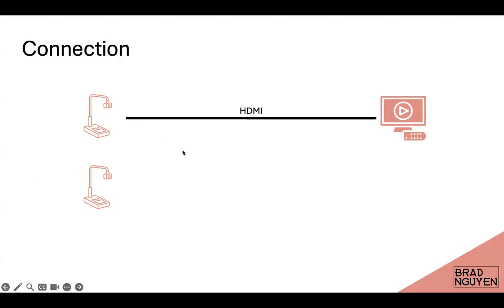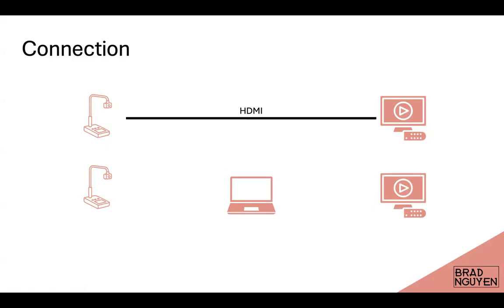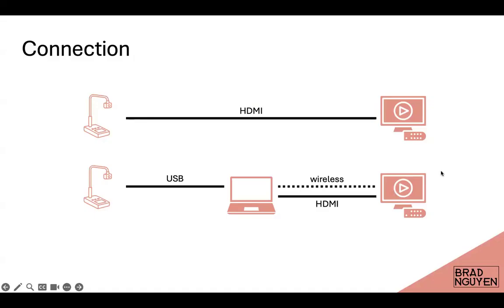So for example, the camera can connect to your computer via USB cord, and then your computer might be wirelessly connected to the TV. Okay, so that's one way it can happen. Another thing is that maybe it's your computer that's connected to the TV via HDMI. Okay, and then there's another variation where the camera is wirelessly connected to your computer, but they're much rarer. Okay, but this shows you the variations and connections between a visualizer and a screen.